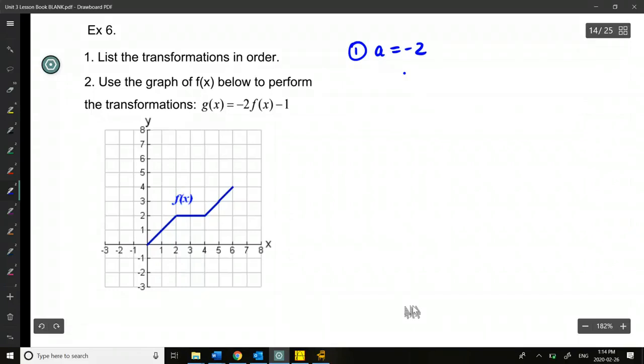Okay. And? C is -1. That's right. So we have an A and we have a C. What does the A of -2 do to our graph? Charlie? Okay. That's part of it.